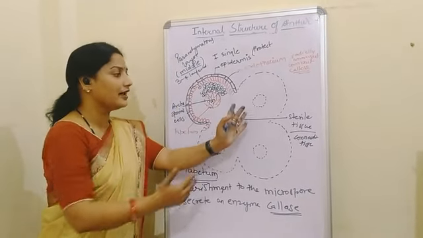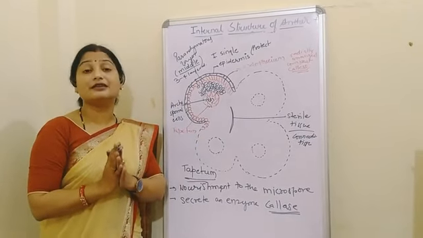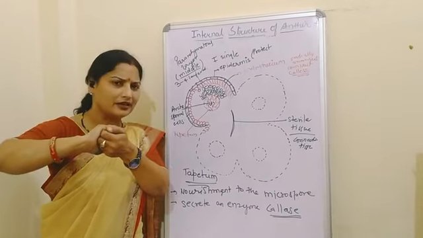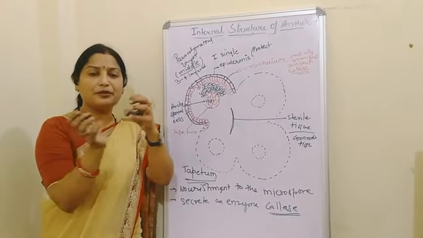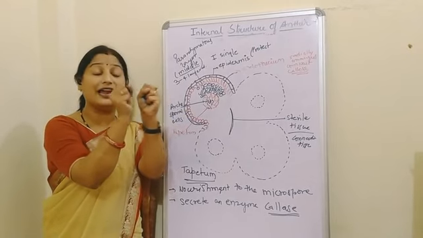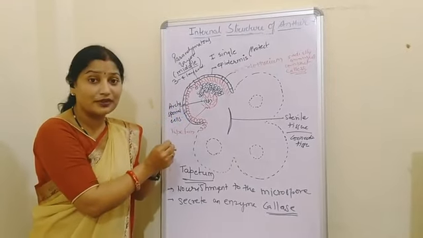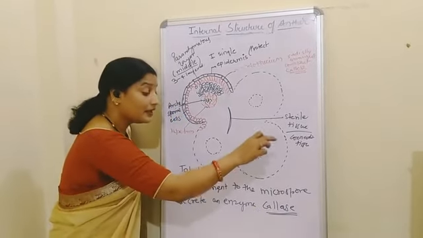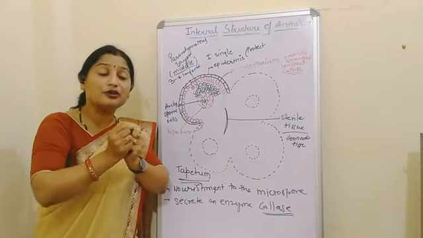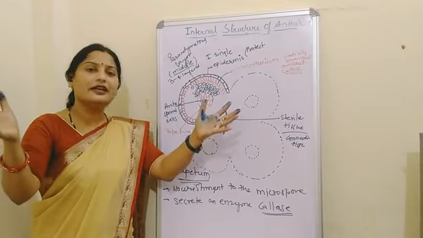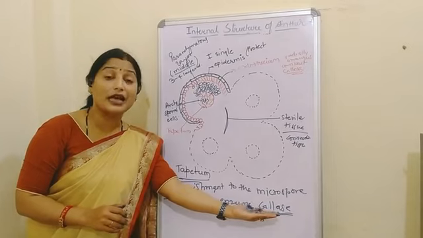If we go further and see the structure of the microspores, we will see that the microspores are tightly held together. They form the tetrad. All the pollen grains in the beginning stage are held together tightly with the help of callose. Now this enzyme callase will dissolve the callose, so these microspores will scatter easily and then form the pollen grains. So this is the function of callase.